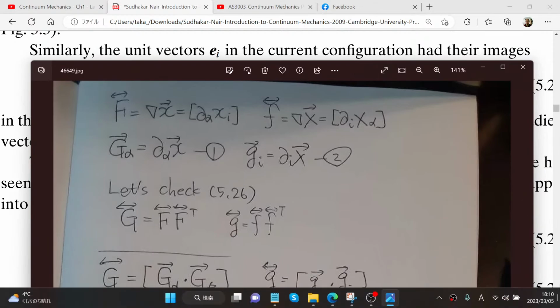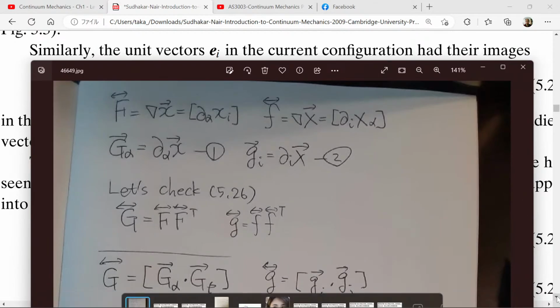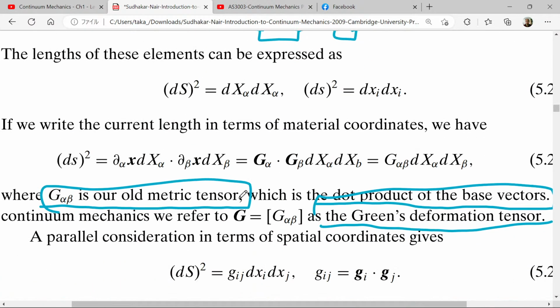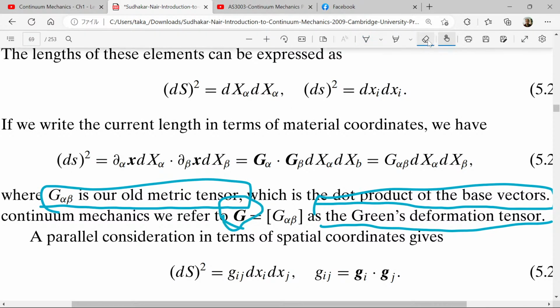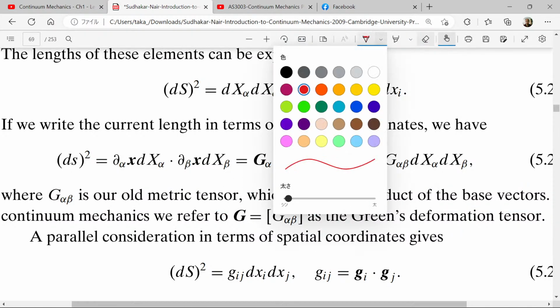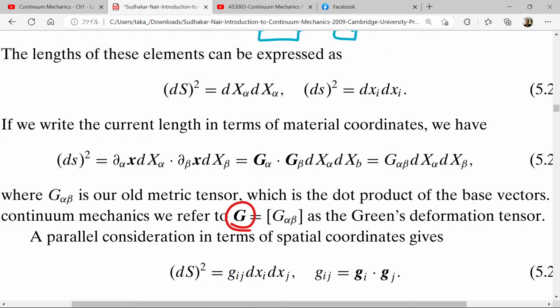Okay, so then we go to the next. The next thing is probably this one. We want to go to this one, G tensor. Sorry, maybe I want to change color to make it clear. So we want to know the G tensor. An element of the G tensor is G alpha beta, and G alpha beta is actually the inner product of g alpha and g beta.